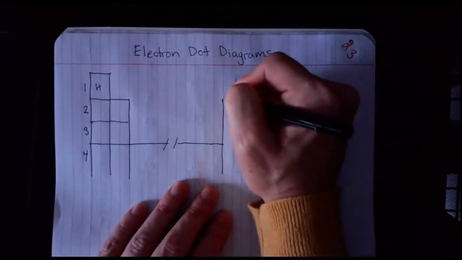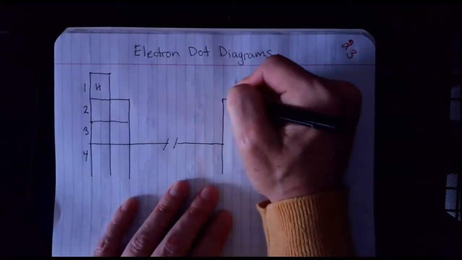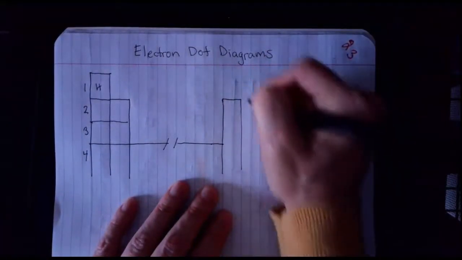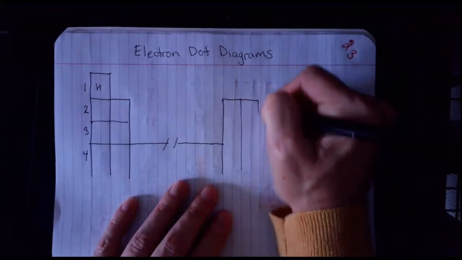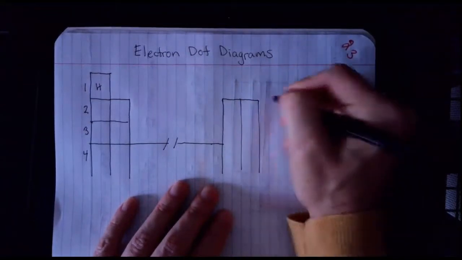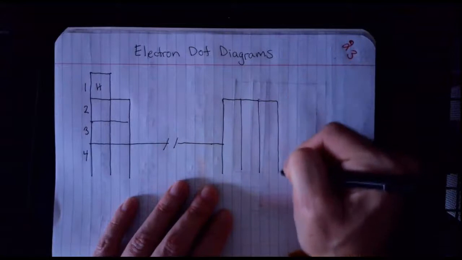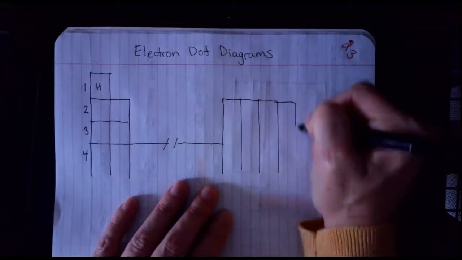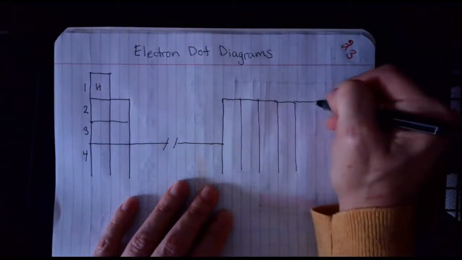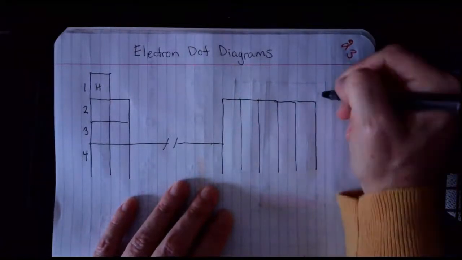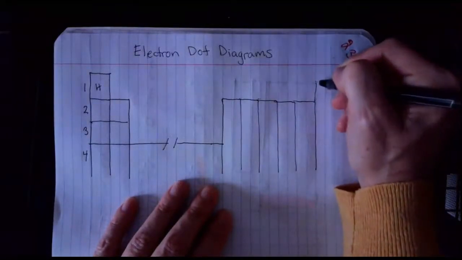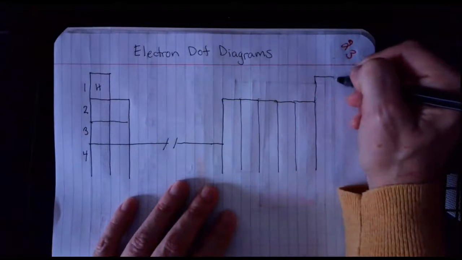It does this for 5 groups, so that's 3A, 4A, 5A, 6A, 7A, and then 8A, that's where helium is, so we jump up that last stair.